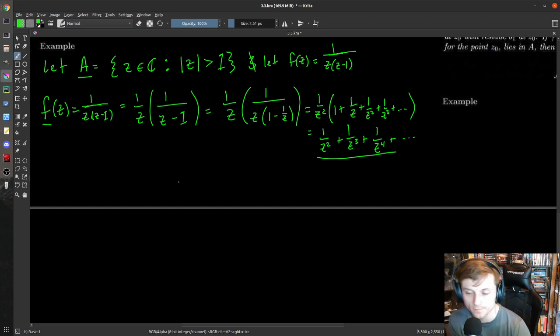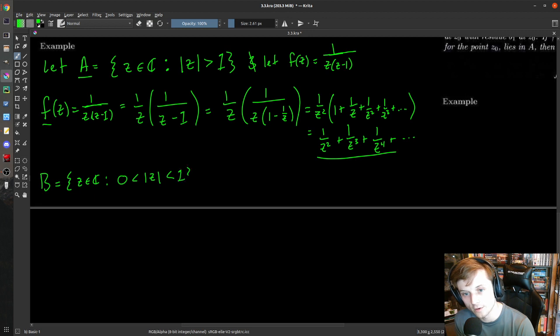All right, cool. Now, what if I chose a different domain? What if I did the other direction? What if I do B equals, say, z such that we're looking at z between 0 and 1.